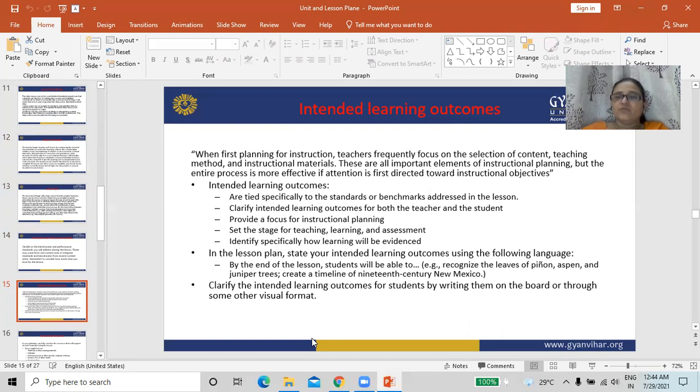What type of method will you use in the lesson? These are all collective efforts for achieving the instructional objective. Whenever you select a proper instructional objective, the outcome of the topic is 100%. So the intended learning outcomes we discuss deeply.